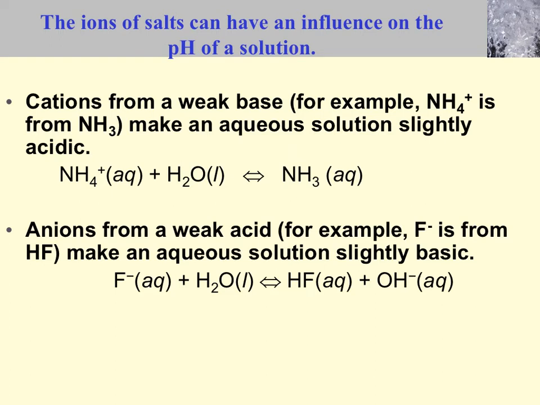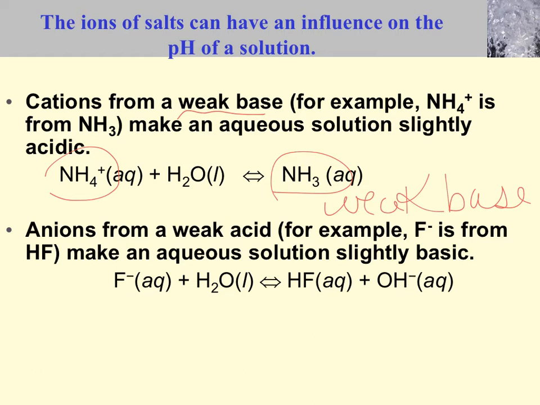If you have a cation that comes from a weak base, for example, the ammonium cation came from the neutral compound ammonia, which is a weak base, then it will make the solution slightly acidic.